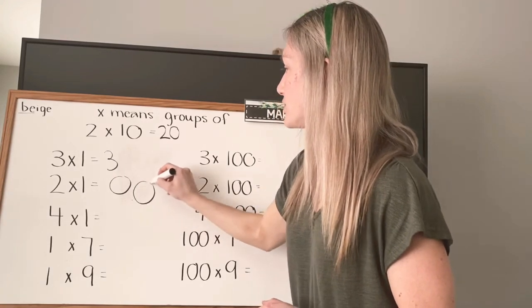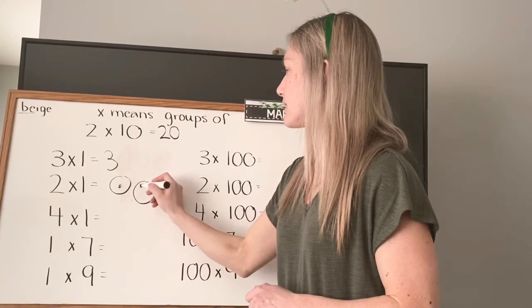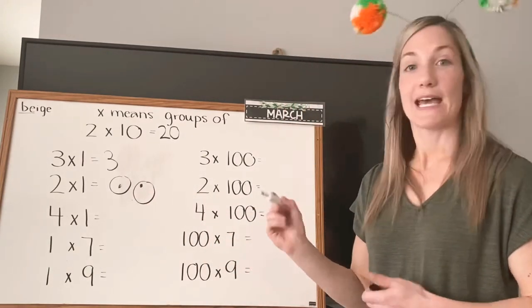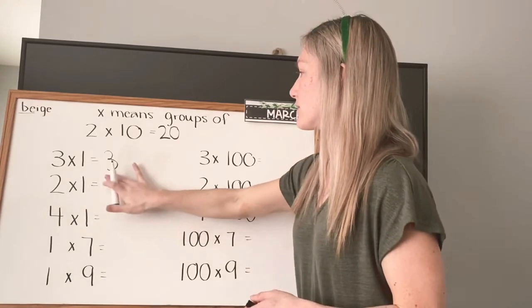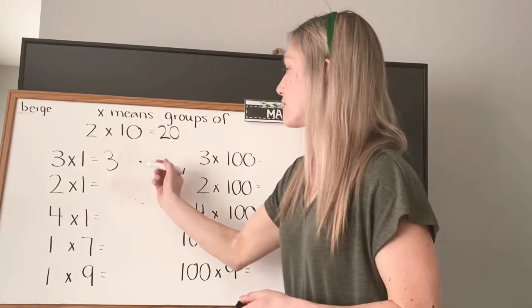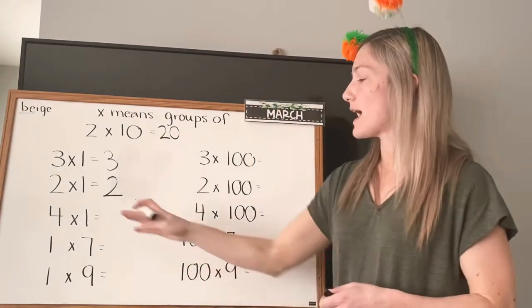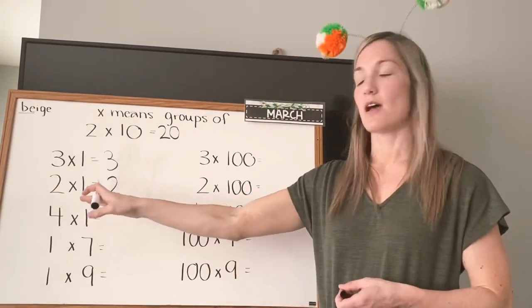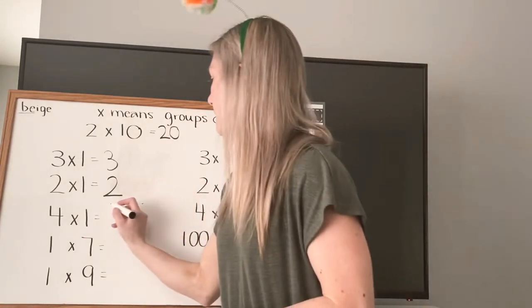So I have 2 groups, and each one of my groups only have 1 piece of candy in it. I have 2 pieces of candy, so the answer is 2. For the next one, I have 4 groups of 1. So the answer is 4.